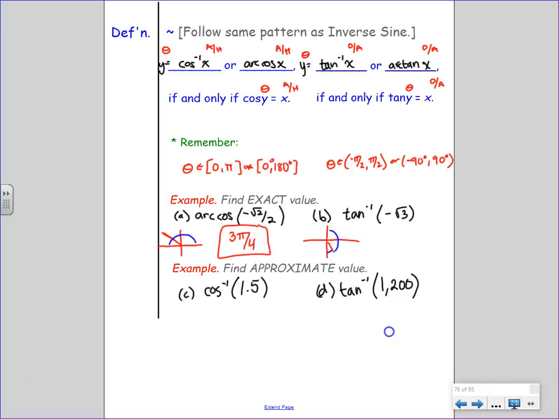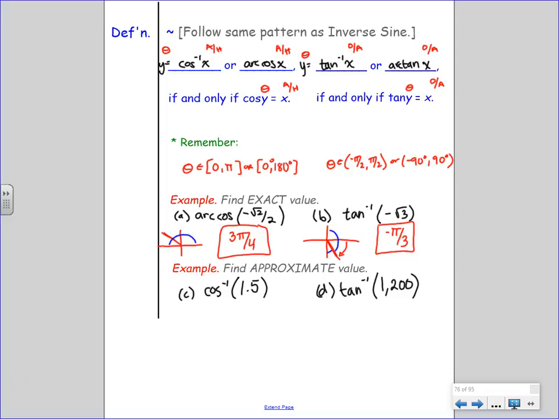Who's the 60 degree down here? Remember, I have to go negative. It is 5 pi over 3, but that's illegal. We can't go the big way and get the 5 pi over 3. We're going to go the short way, negative pi over 3, or negative 60 degrees, because we have to stay within our range.